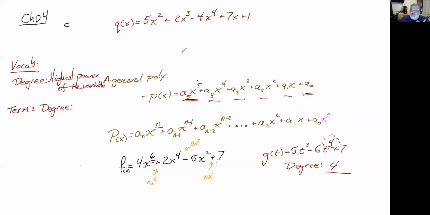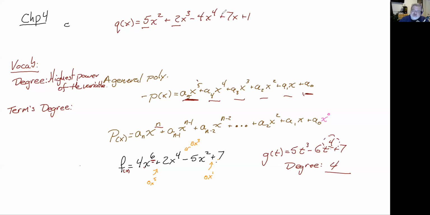But being able to reference things like what is the coefficient of the 3rd degree term? Well, the 3rd degree term is this x to the 3rd term. The coefficient of the 3rd degree term is positive 2. The coefficient of the 2nd degree term, 5.